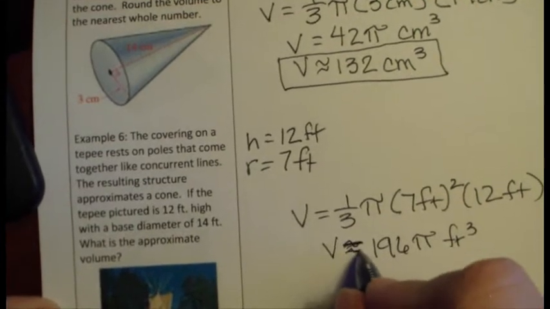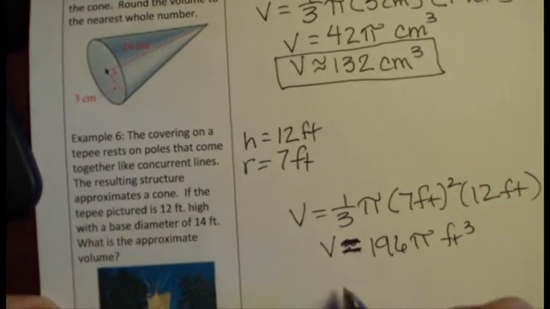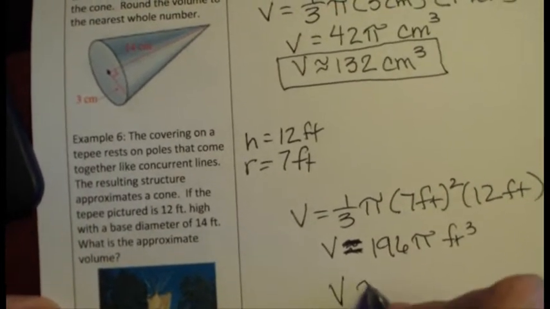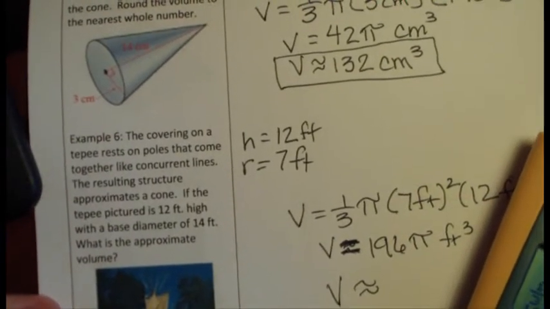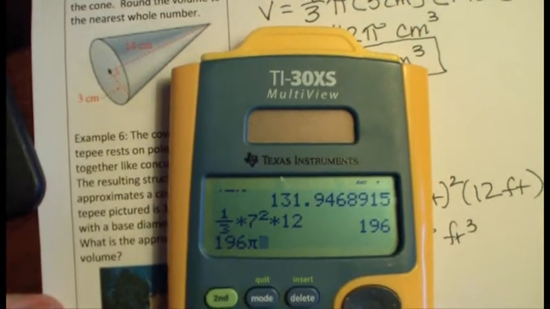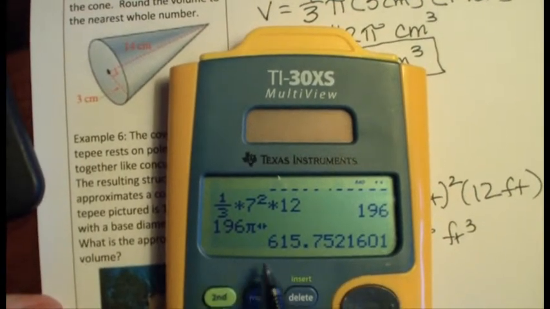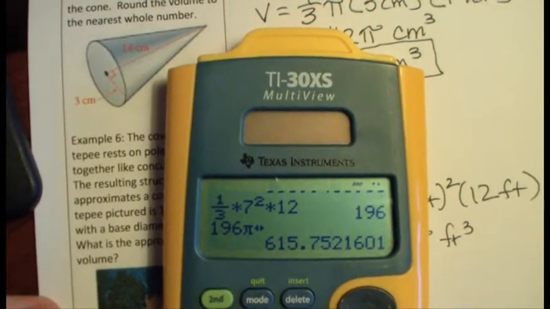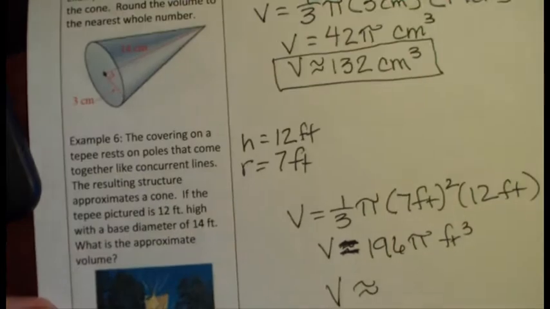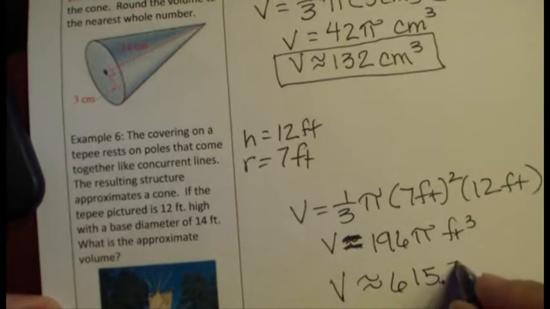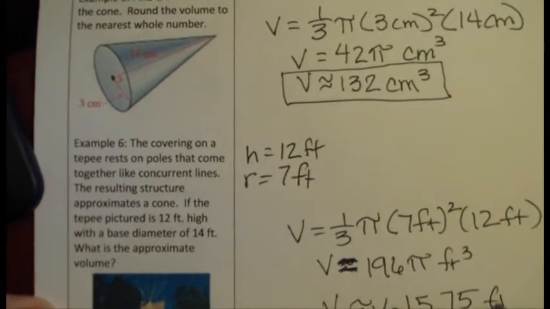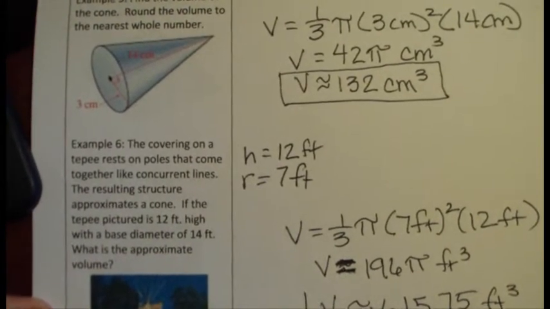That's our exact solution, so no wigglies, equal sign. All right, so our approximate volume, 196 pi, is approximately 615.75. So 615.75 feet cubed is our approximate volume.